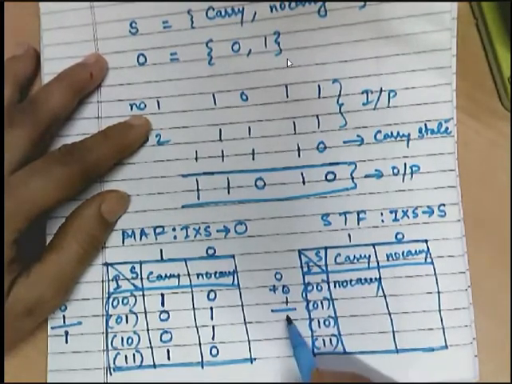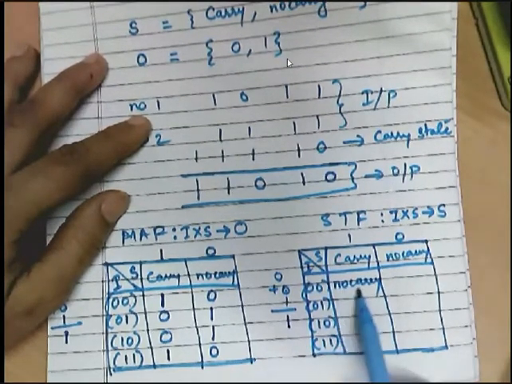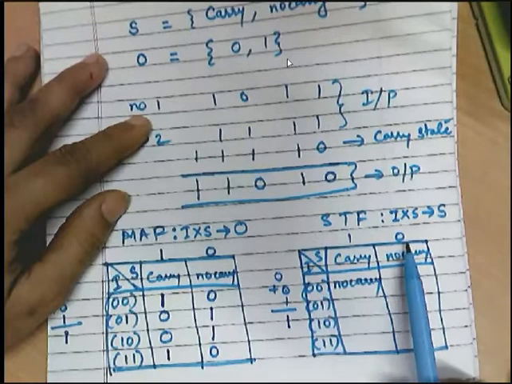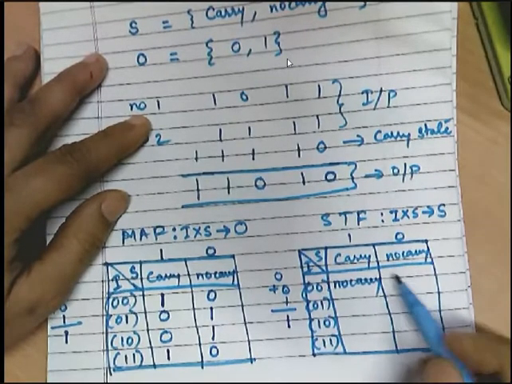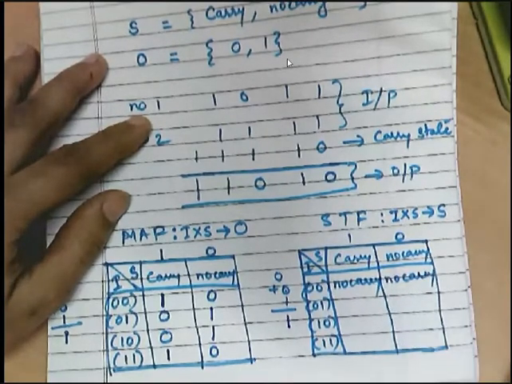What is the output? Output is 1. Whether the carry is generated? No. If no carry is generated, our next state will be no carry. Similarly, if input is 0, 0 and no carry state is there, then will the carry be generated? No. It will remain in no carry state.